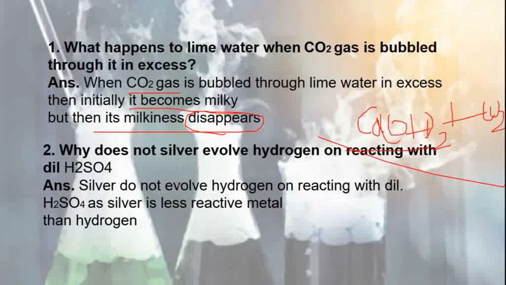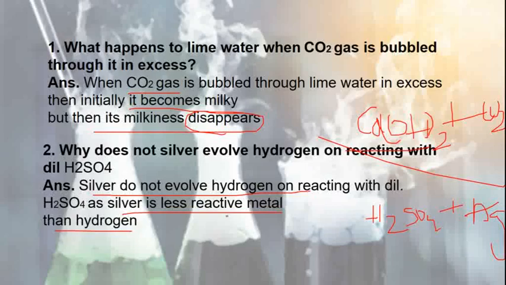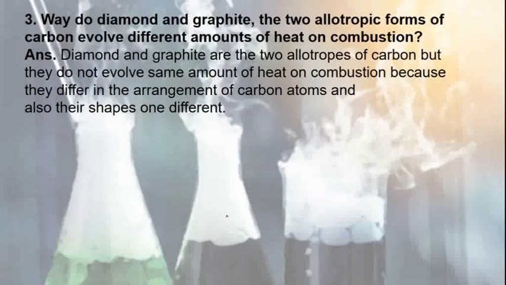So we can say that when H2SO4 is reacted with Ag, there will be no reaction. So the answer: silver does not evolve hydrogen on reacting with dilute H2SO4, as silver is a less reactive metal than hydrogen. So let's move to the next question.